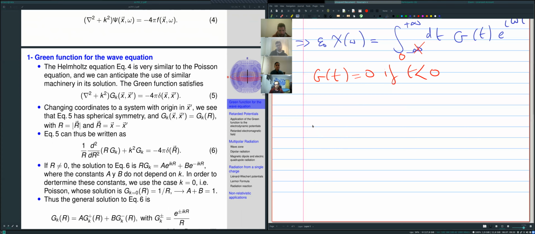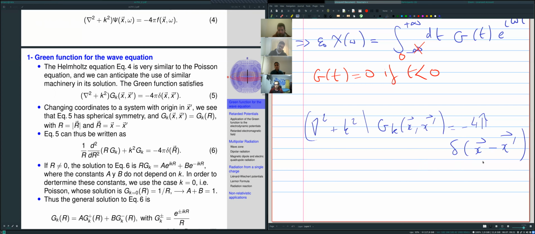What I'm trying to say is that this is the Laplacian plus k squared times G. And on the right-hand side, I could have simply written delta of x minus x prime. But the point is that since in equation 4 everything depends only on x, this Laplacian acts only on the x's.